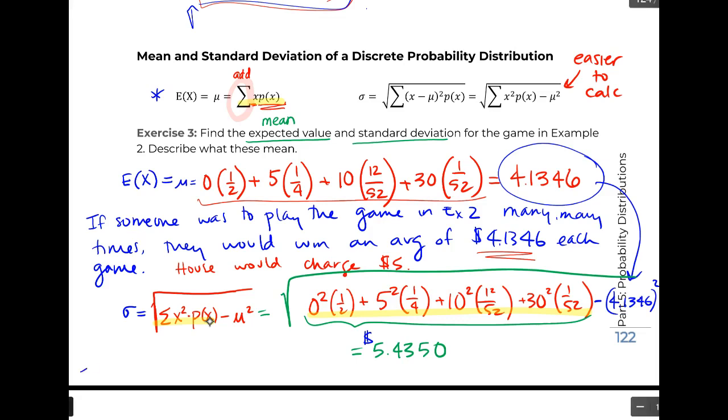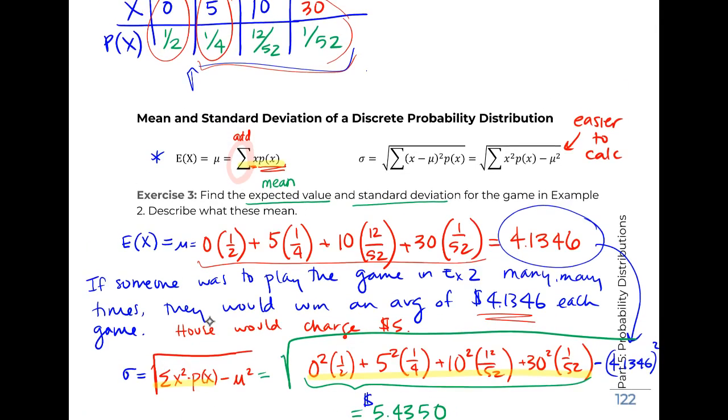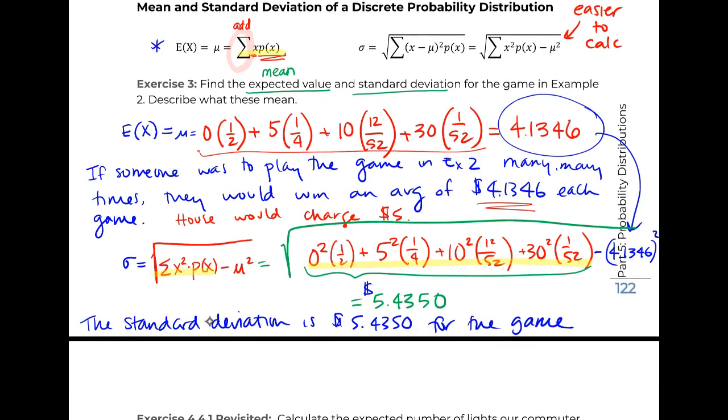So again, this tells us that it's very unlikely that we're going to see any of the winnings in the 30 range. But 10 is not unusual or uncommon, and 0 is not uncommon either.